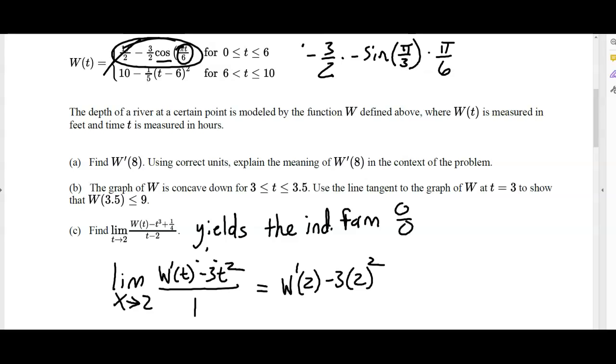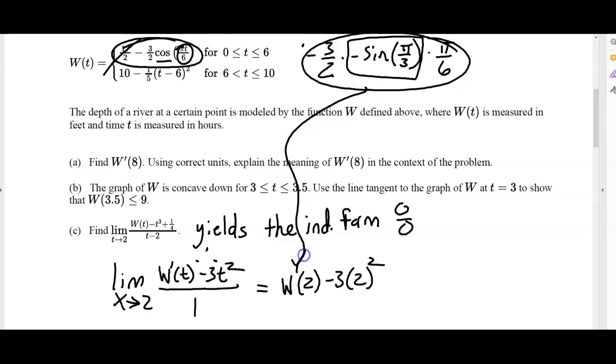I think at this point we could just probably leave it, but you guys could literally just take this and put it here, and then simplify that and be done. But I'll go ahead and simplify it because I feel like it. All right, sine of pi over 3 is radical 3 over 2.